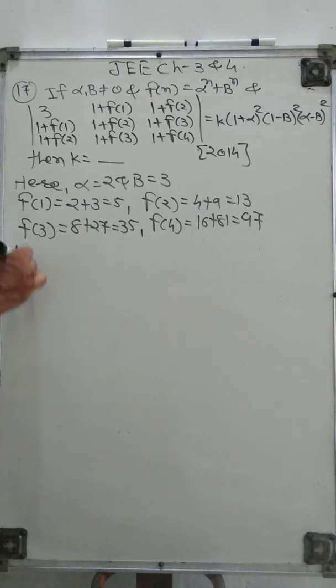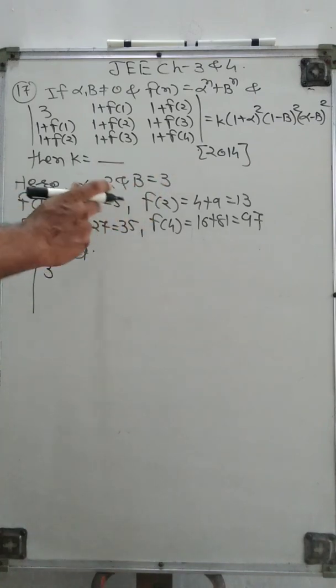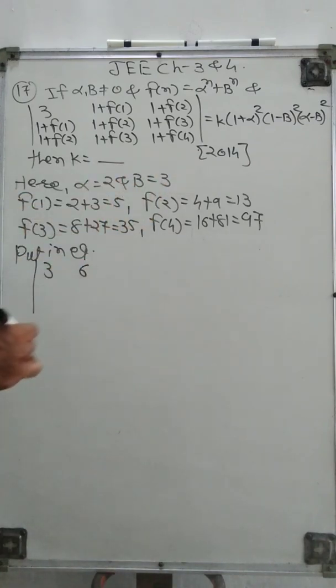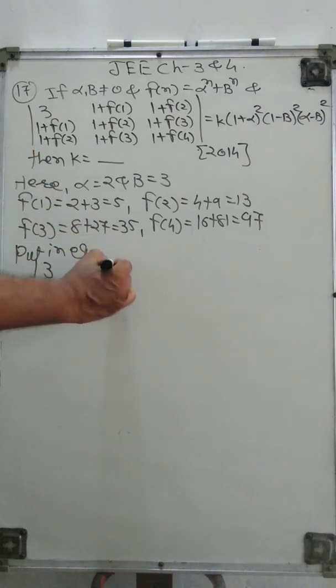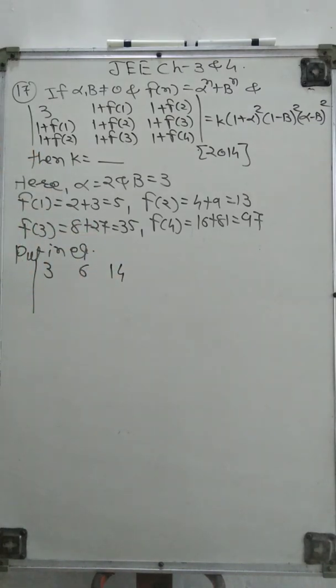We get the equation: 3, 1 plus 5 is 6, then 14 and 6, 14. Here calculation is required, but I write directly because it is a time consuming sum.